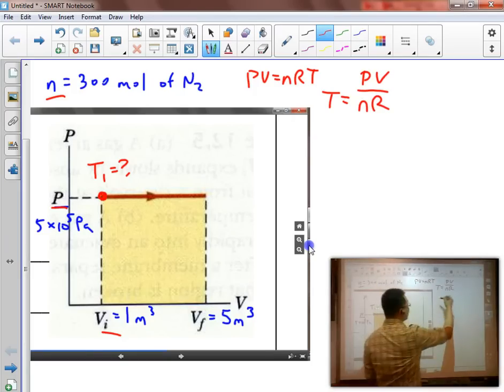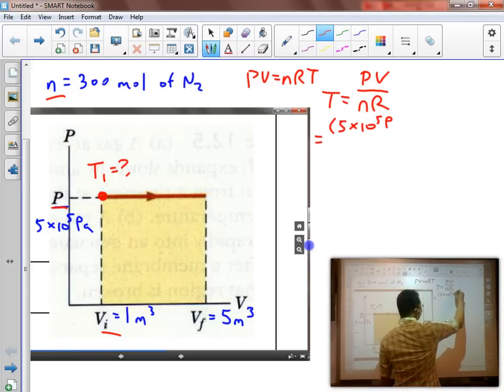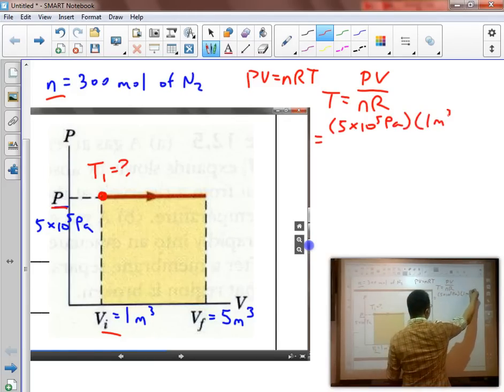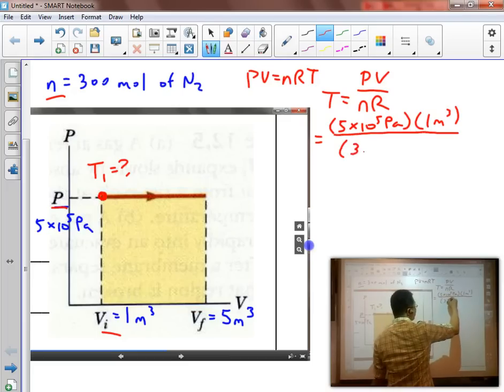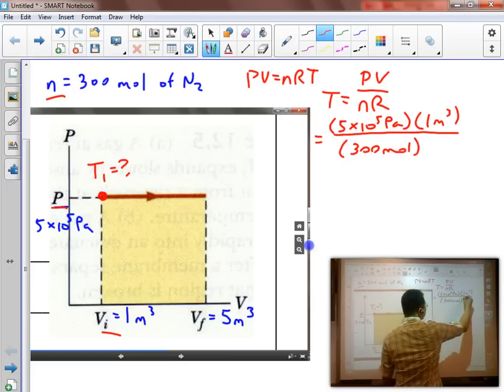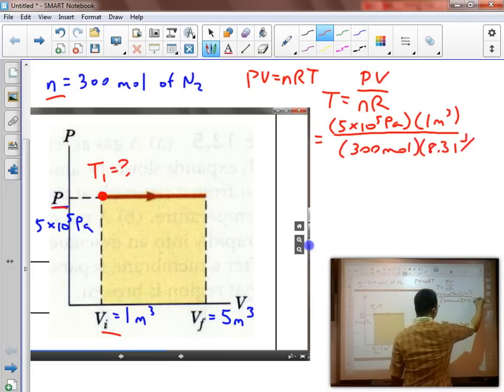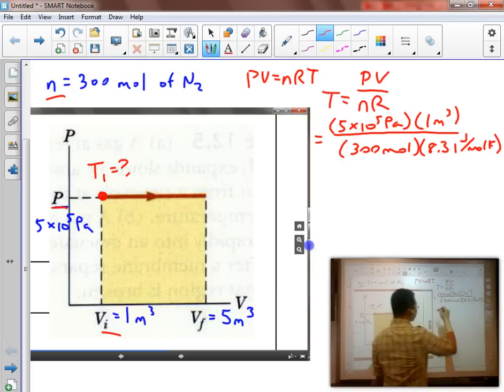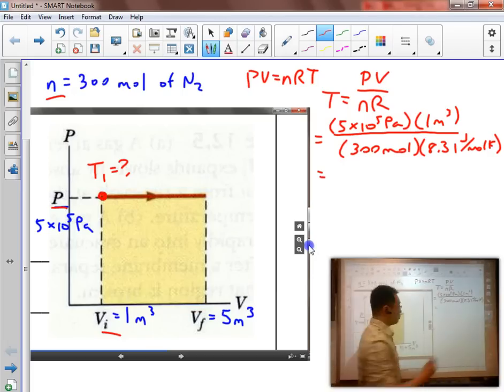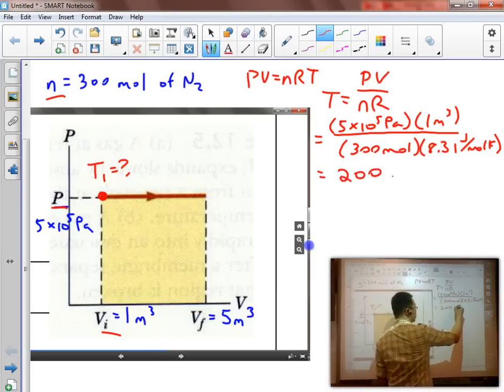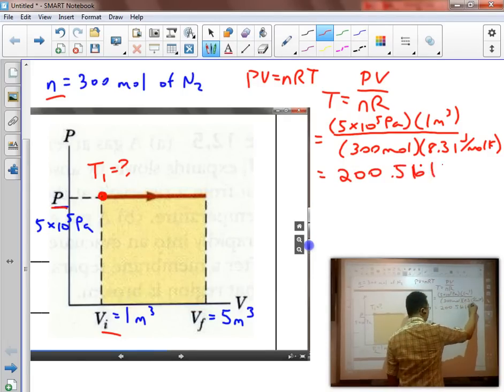So if I plug this in, it ends up being 5 times 10 to the 5th pascals times 1 meter cubed divided by 300 moles times 8.31 joules per mole Kelvin. If I plug that all in, I end up with 200.56 Kelvin.